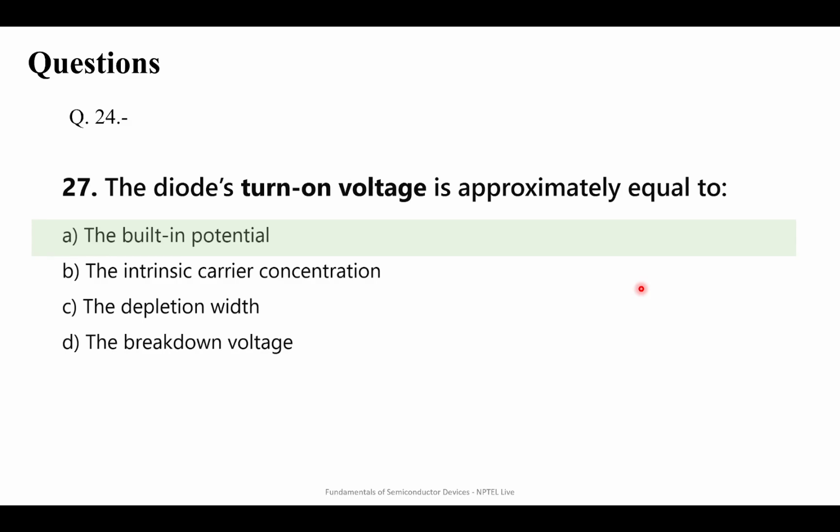So this is a very simple question. Anyone with the answer? Okay, the answer is here itself. Sorry for the confusion. The answer is the built-in potential.